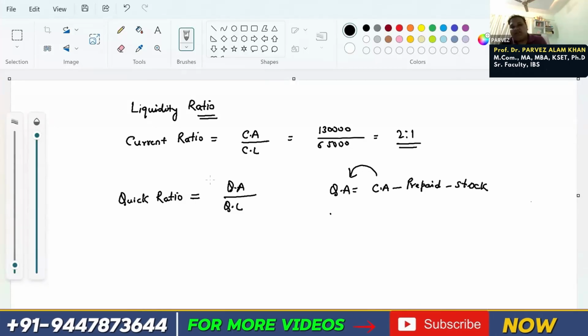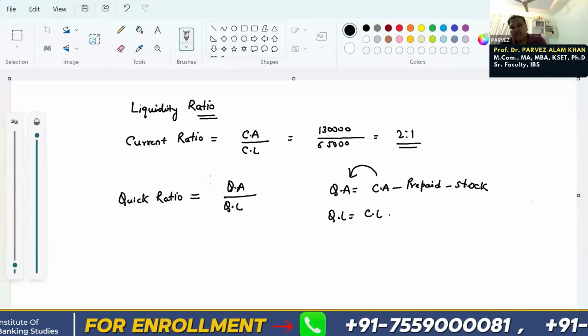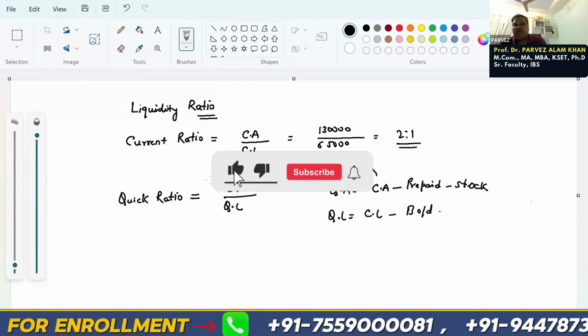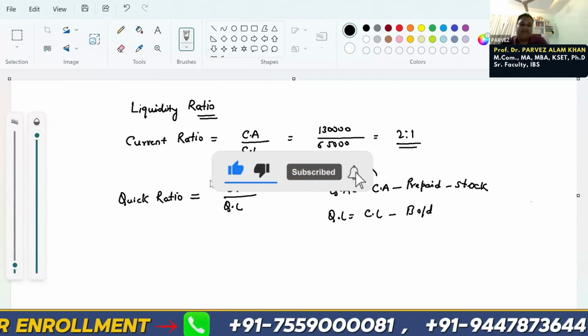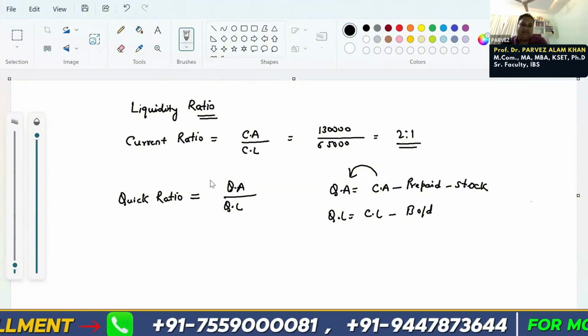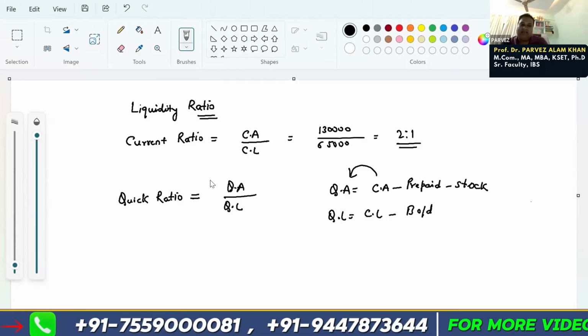Similarly, to calculate quick liabilities, from current liabilities you have to minus bank overdraft. You know what is bank overdraft? Right? You'll be knowing, right? If not, you can tell.